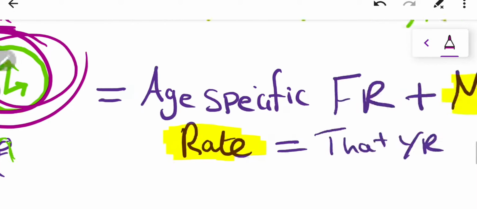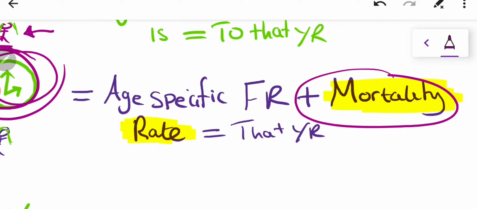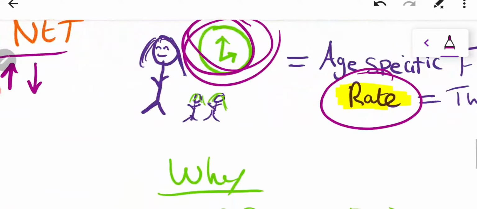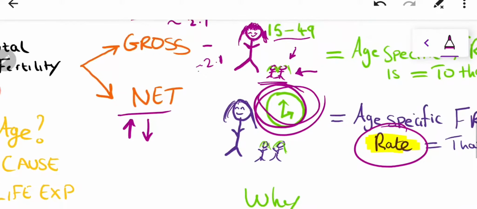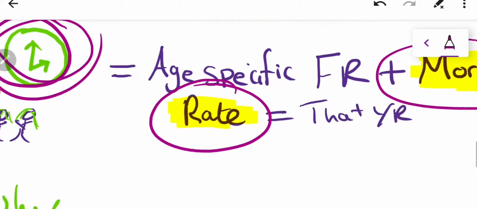Over her life, that's a time bit. If the age specific fertility rate and the mortality rate, so this is the deprivation I'm talking about, it's gross. I'm sorry, it's net. Net is including everything. Gross is just accumulation. Here we don't have mortality rate, here we do. And it's for that year as well.